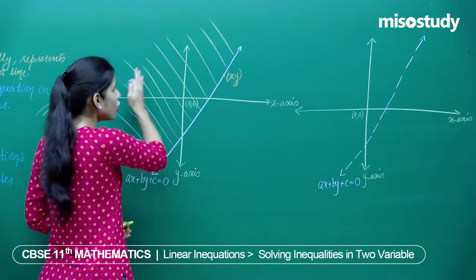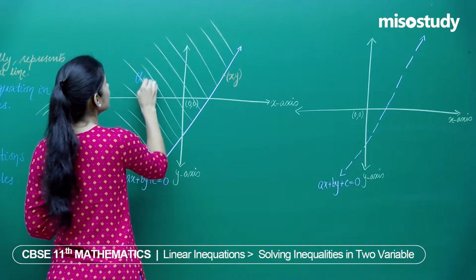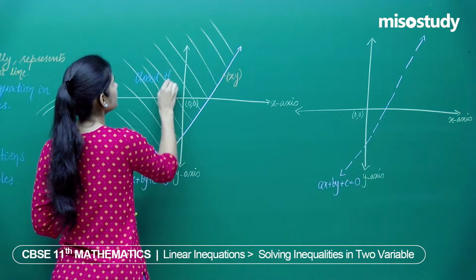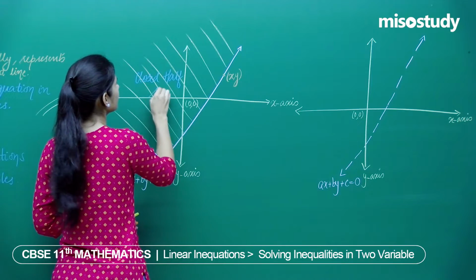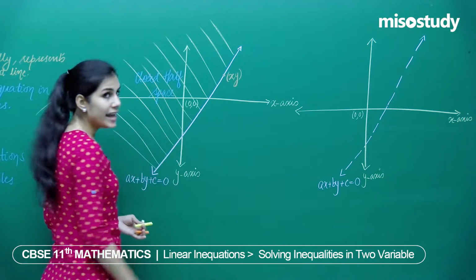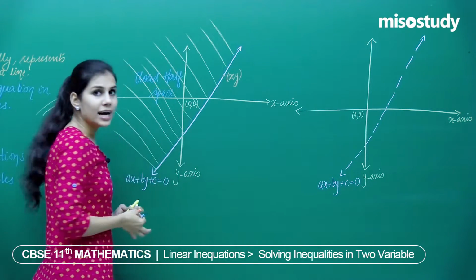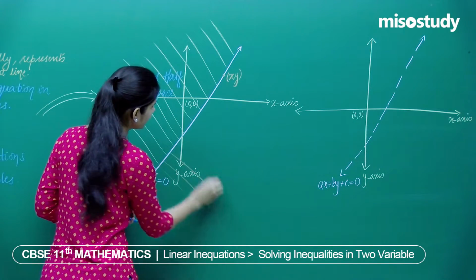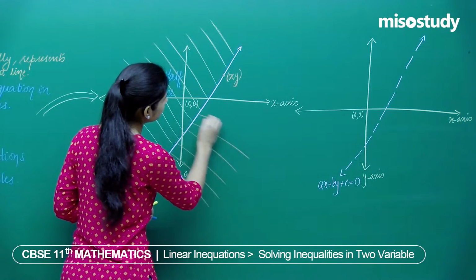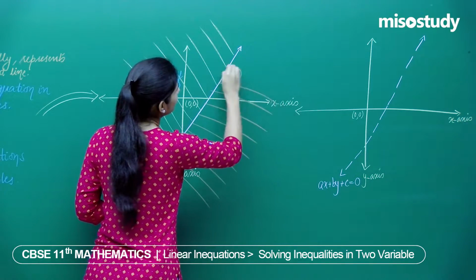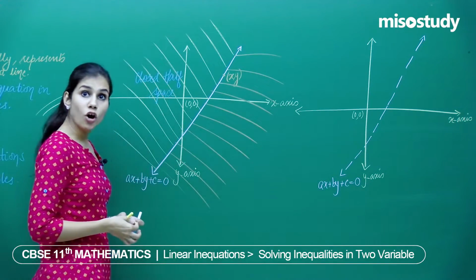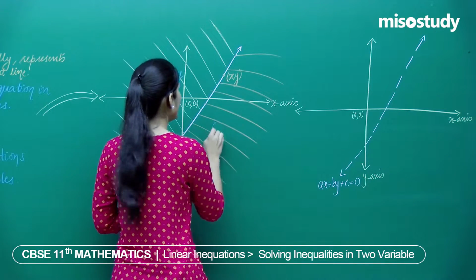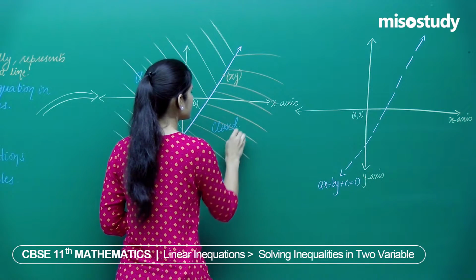So the dark line along with this shaded part is known as this closed half space. And when I take the other half in which this line divides the plane, along with the line, it is known as the other closed half space.